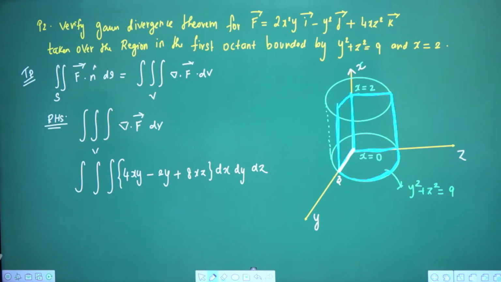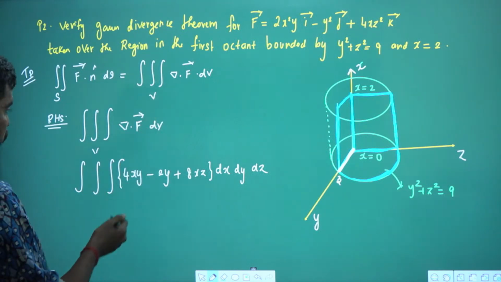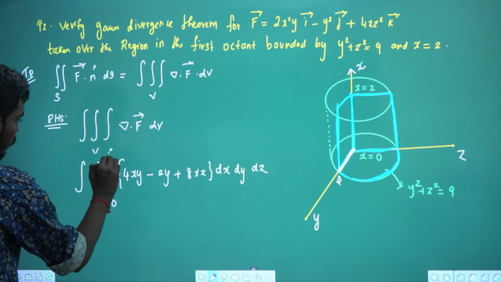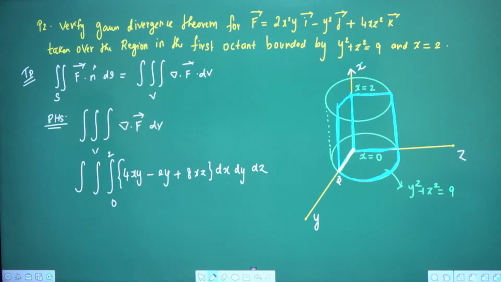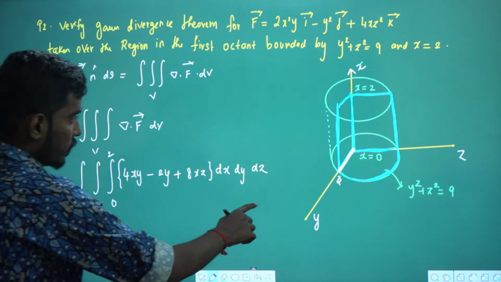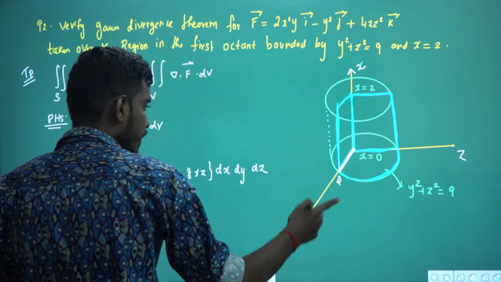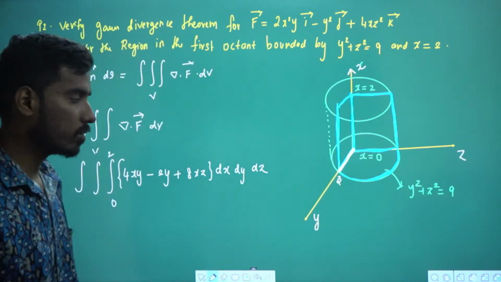Now, x varies from 0 to 2, that we know. And what about z? You can treat one as a variable, the other varies from 0 to 3.